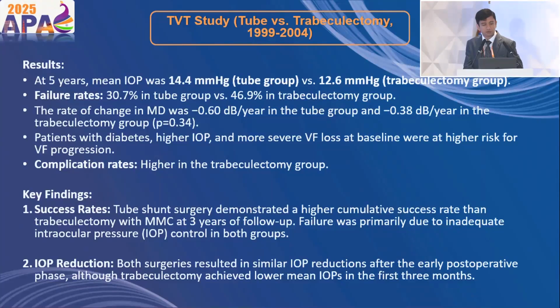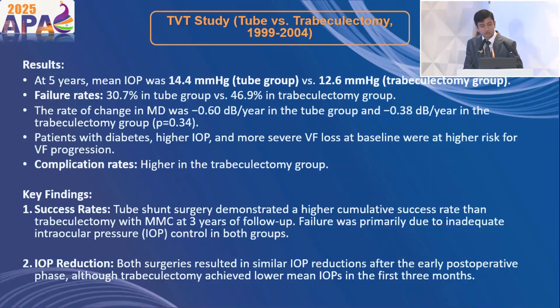At 5 years, trab had better IOP control, but not clinically significant. It was statistically not significant. Failure rates were also a little higher with the trab group.